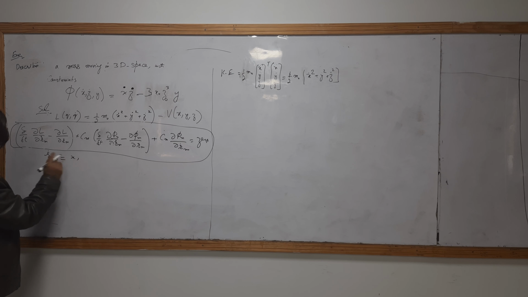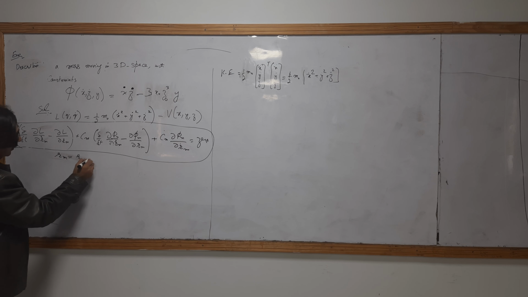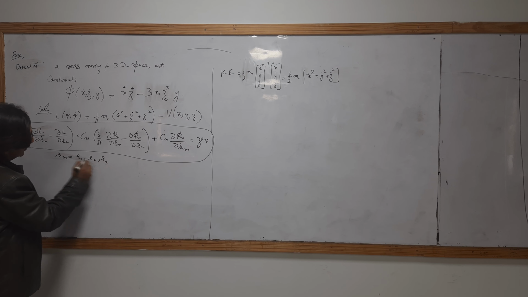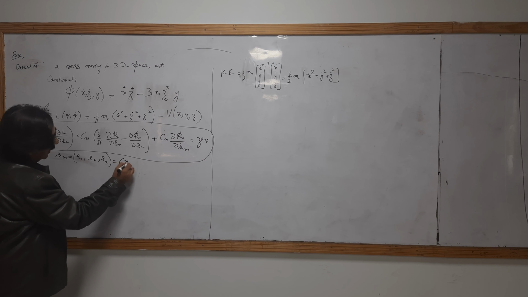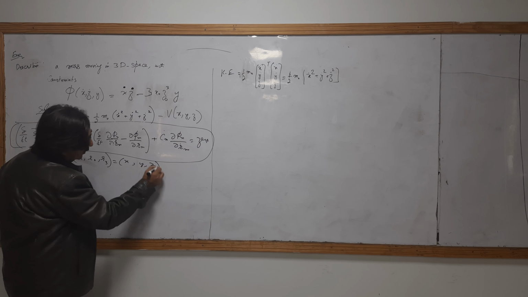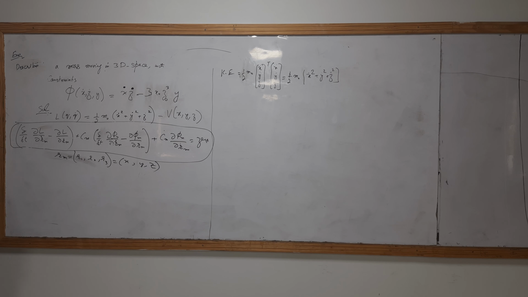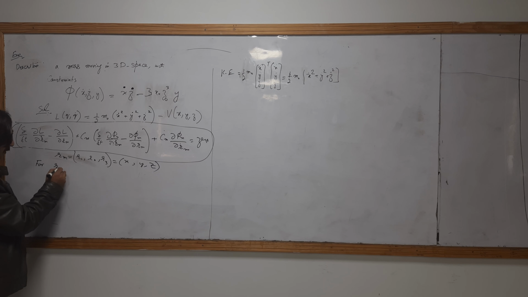Rm is R1, R2, R3, because you are considering 3 dimensions, that is x, y, and z. So firstly, we will solve it for R1 equal to x.